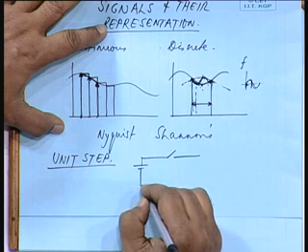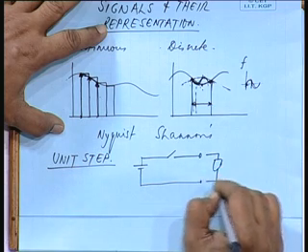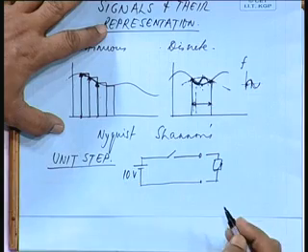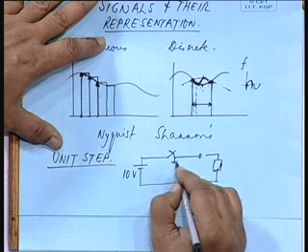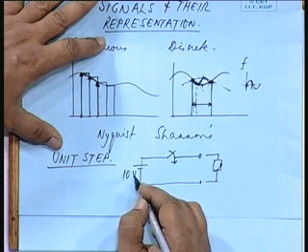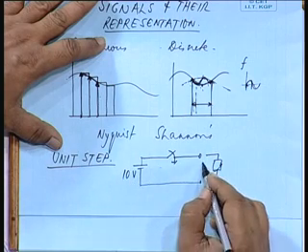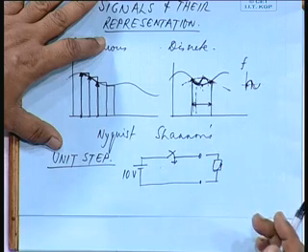Suppose you have a battery of some fixed source voltage 10 volts, you are switching it on. If the battery is an ideal one, then there is no internal drop. 10 volts supply will appear here after the switching instant, and that remains constant.